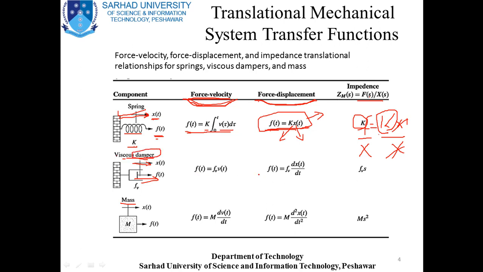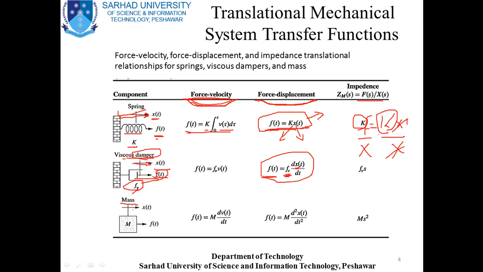So you can also find these as Ft is equal to Fv, the frictional force, or you can say the resisting force is Fv, and it is equal to a small force multiplied with the derivative of displacement. So you can find this force by multiplying this with the derivative of x of s.